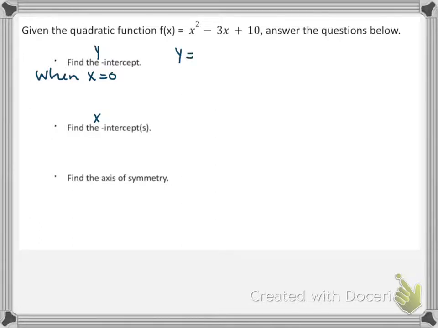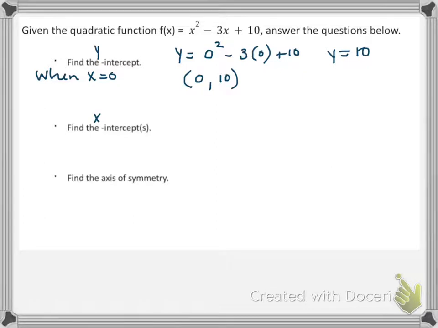So this would be 0 squared minus 3 times 0 plus 10. And 0 minus 0 plus 10 is just 10. So the y-intercept is when x is 0 and y is 10. All right, that's my y-intercept.